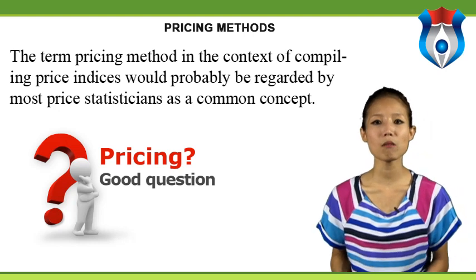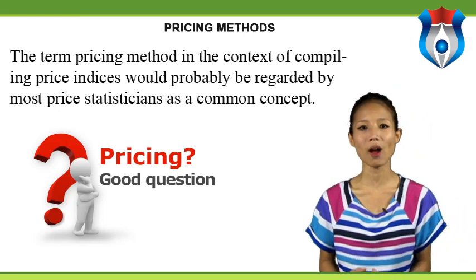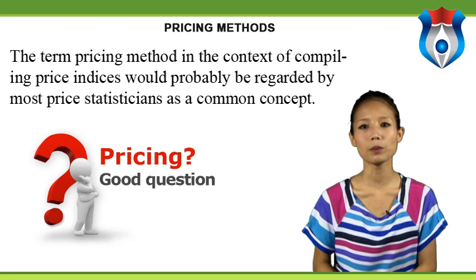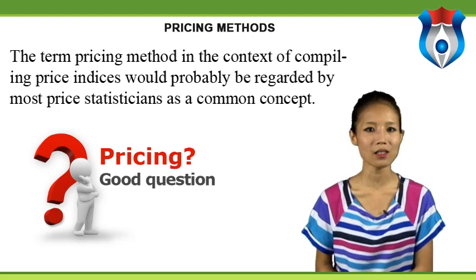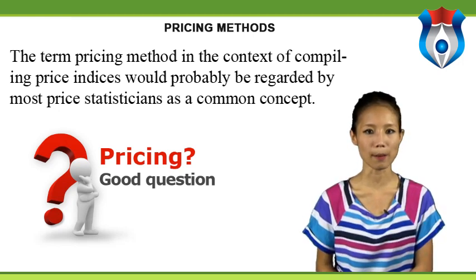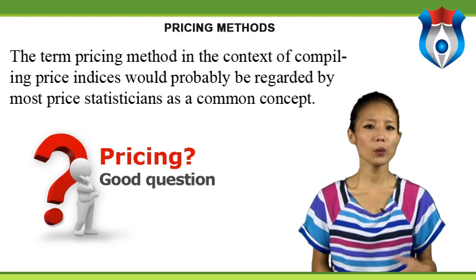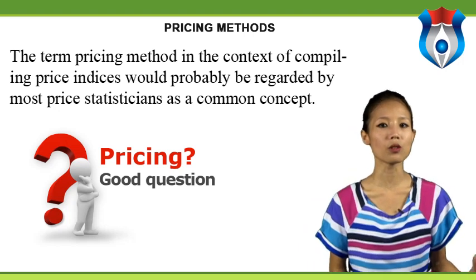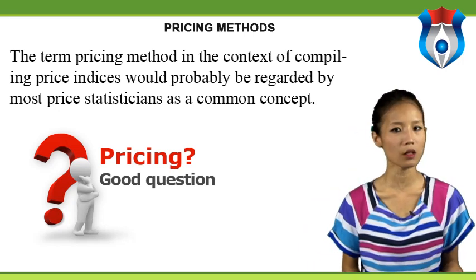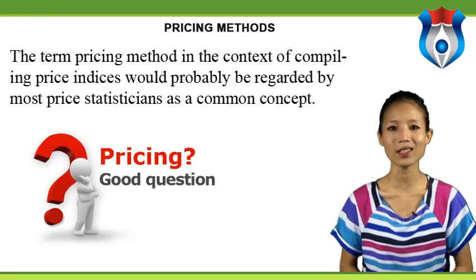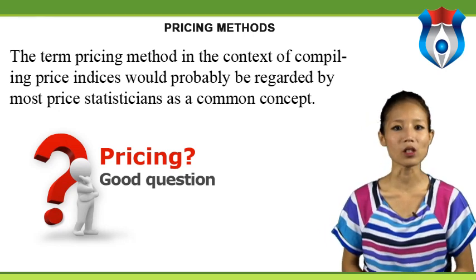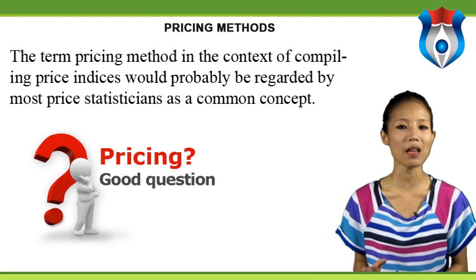The term pricing method in the context of compiling price indices would probably be regarded by most price statisticians as a common concept. However, when one attempts to find a definition for this concept, or indeed for various types of pricing methods, the inadequacy of the current literature becomes apparent.